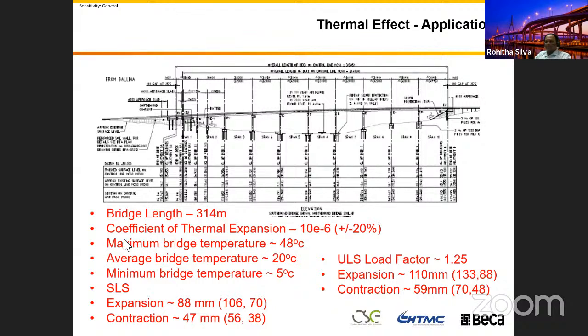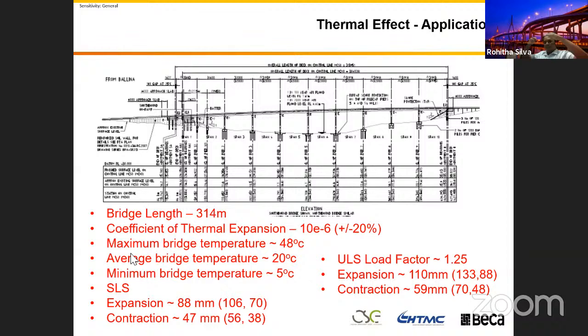The length of the bridge is 314 meters. The coefficient of thermal expansion is 1 into 10 to the power minus 5. Normally it has a 20% variation, of course plus or minus. And then we have an average bridge temperature of 20 degrees.